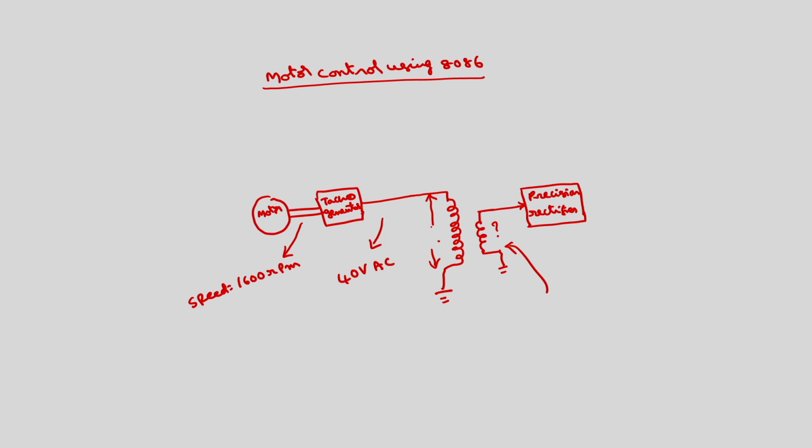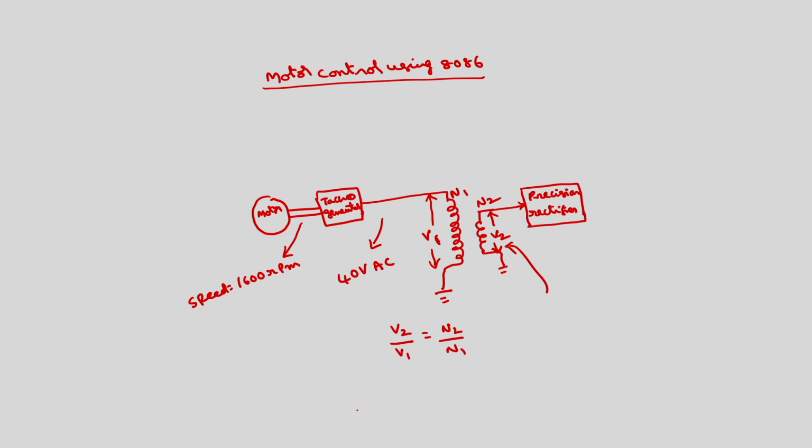In general, if I call this V1 and this V2, and the number of turns here are N1 and here N2, then V2 by V1 is equal to N2 by N1.